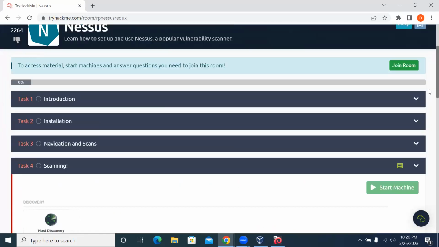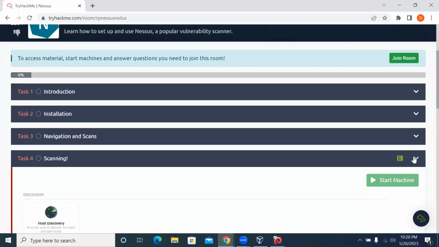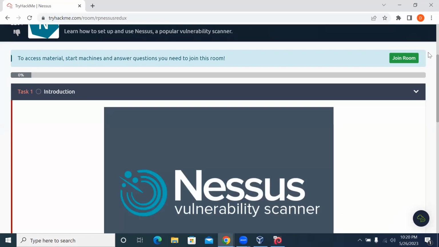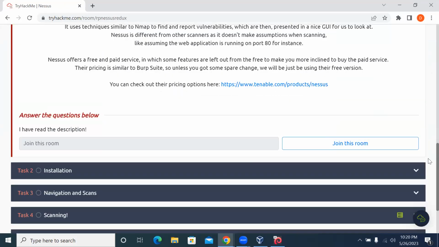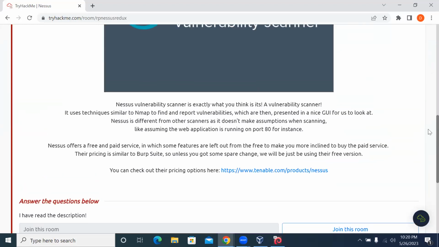But before we do that, let's walk through how to get Nessus. Although reading from here too, you can know how to get Nessus on your system, because it's actually a tool that is very expensive. Before you are given a trial version, you need to use an official email to access it.